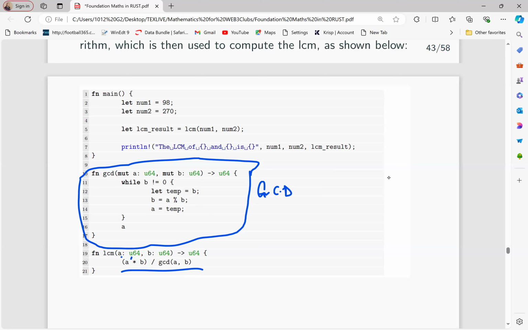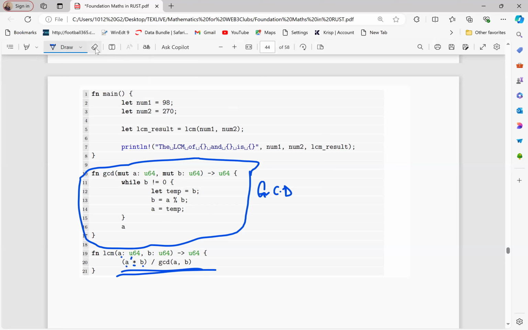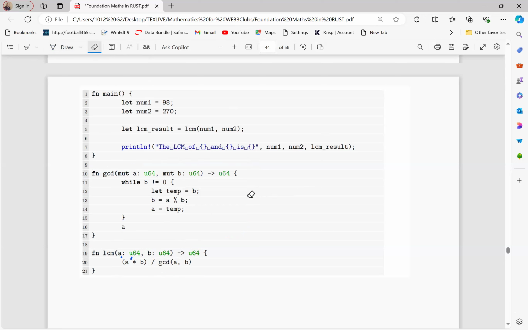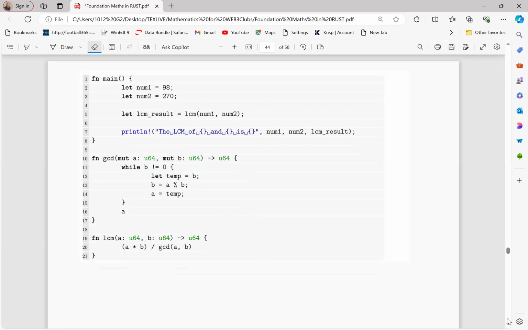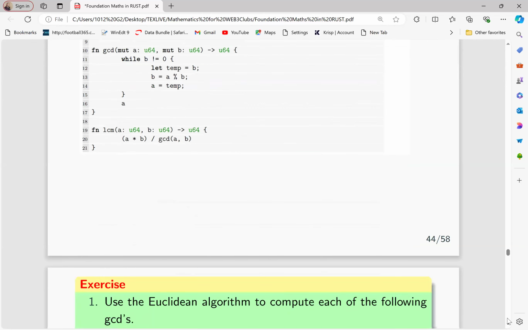It says that this LCM will be the product of these two numbers divided by the GCD. For us to do that, I said already that we need to know the relationship between the LCM and the GCD. Otherwise, we cannot do that. There's no other shortcut for writing the LCM directly, I believe.